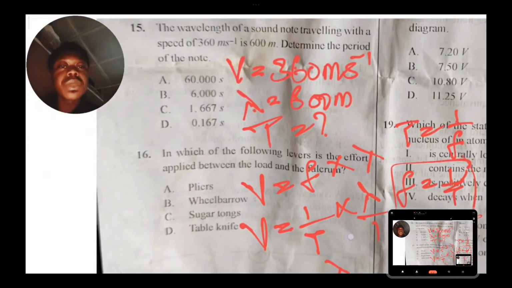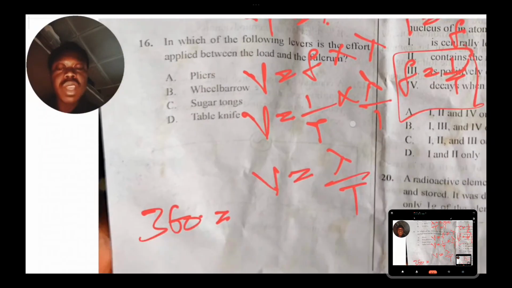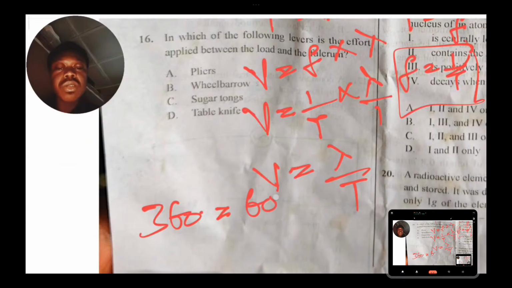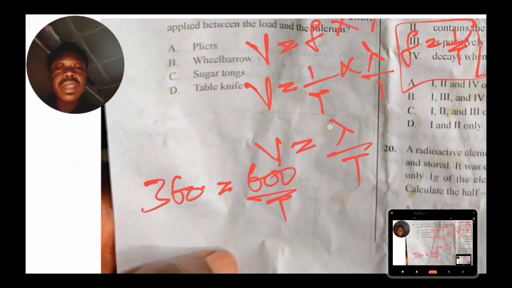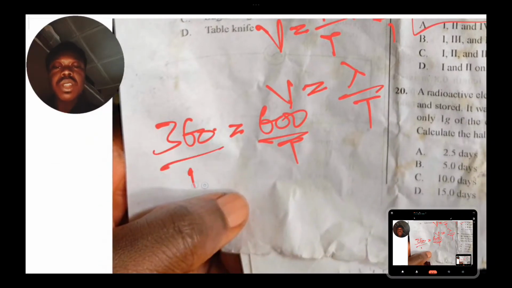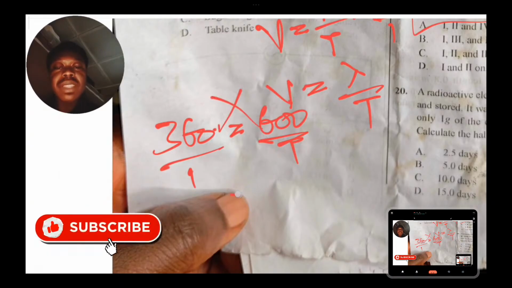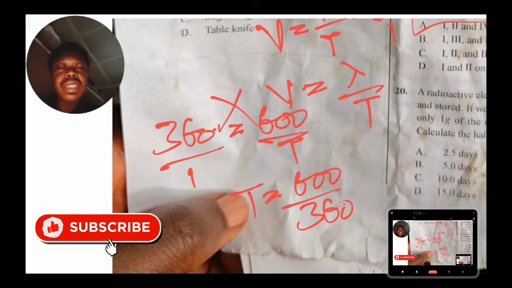So by substitution, what do we have? 360 and 600. So we'd have 360 equals 600 divided by T. We cross multiply, so that we now have T equal to 600 divided by 360.